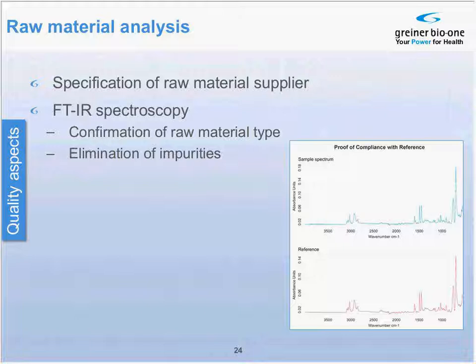Each material batch comes with a specification of the raw material supplier and is additionally controlled by spectroscopy by our QA department for confirmation of the raw material type and to exclude impurities.